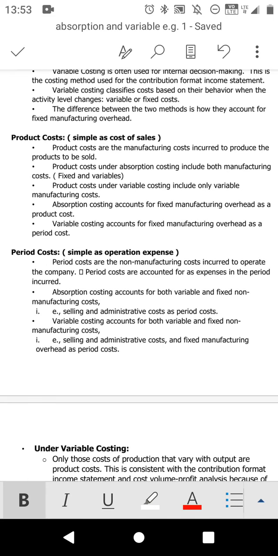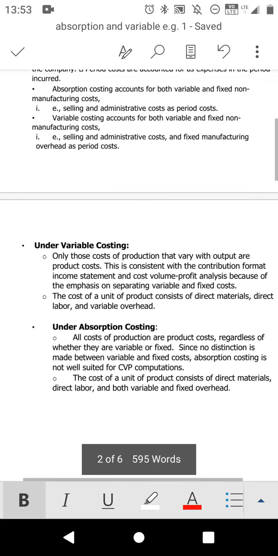Period costs are non-manufacturing costs incurred to operate the company. Period costs are accounted as an expense in the period that they are incurred. Absorption accounts for both variable and fixed non-manufacturing cost. So under absorption, we are going to include both manufacturing and non-manufacturing.